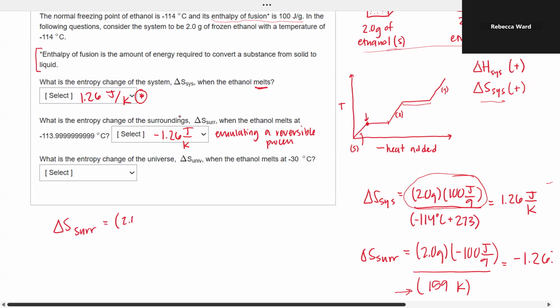So do the same top calculation. But now we don't have 159 Kelvin, we have 243 Kelvin. So 2 times negative 100 divided by 243. Okay, so that's negative 0.82 joules per Kelvin.